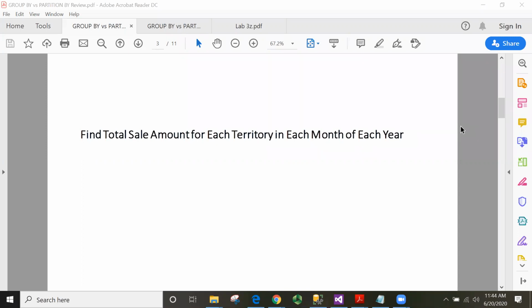So we need to do both data aggregation and data grouping for this question.